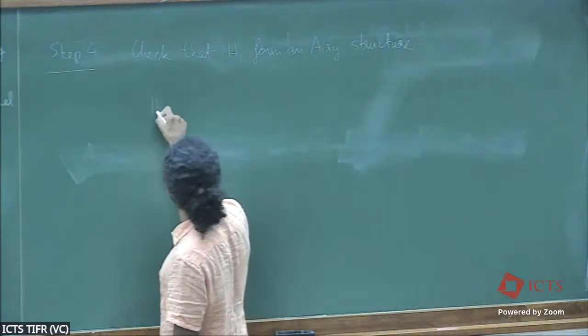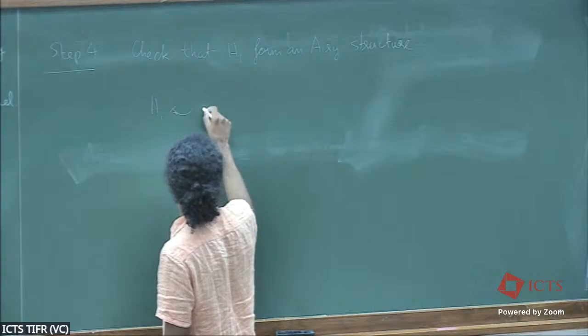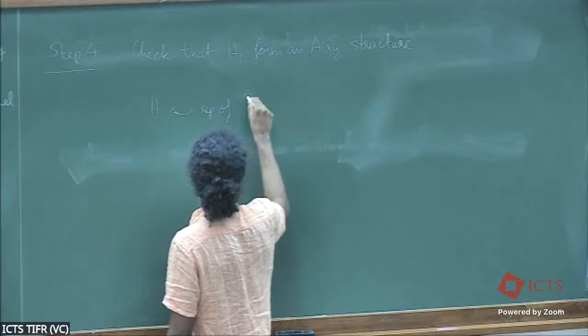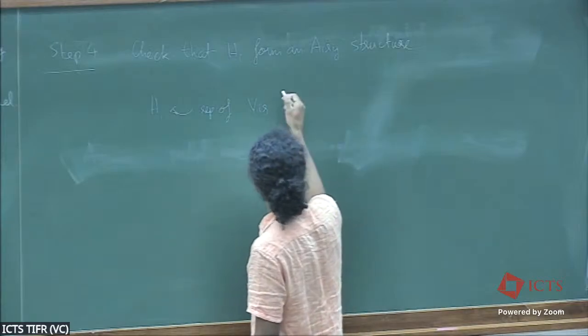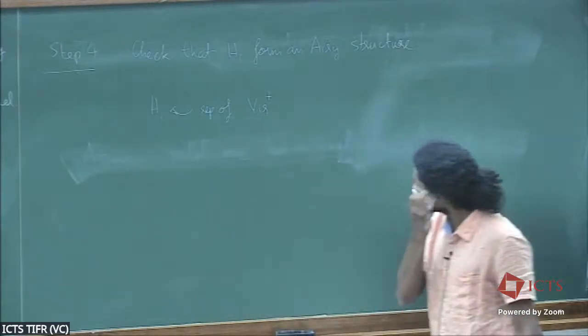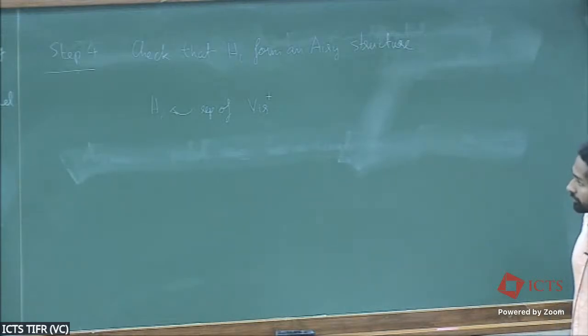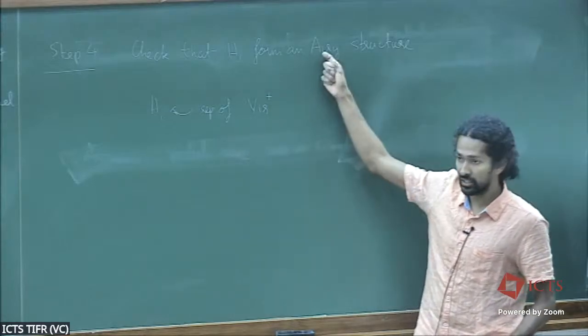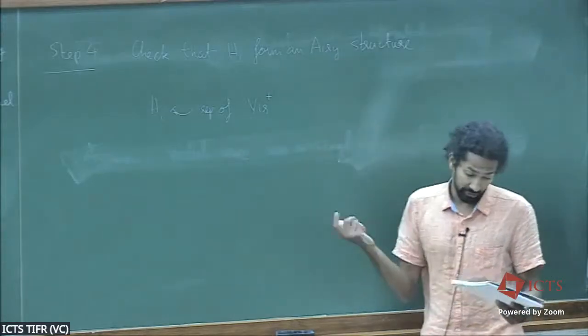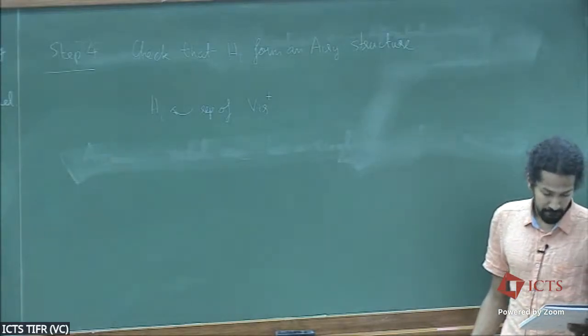So these H_i are always a representation of, well, half of Virasoro, so maybe the Virasoro plus. And because Ali already showed you what these look like, you can check that they form an Airy structure from the Virasoro commutation relations, essentially.